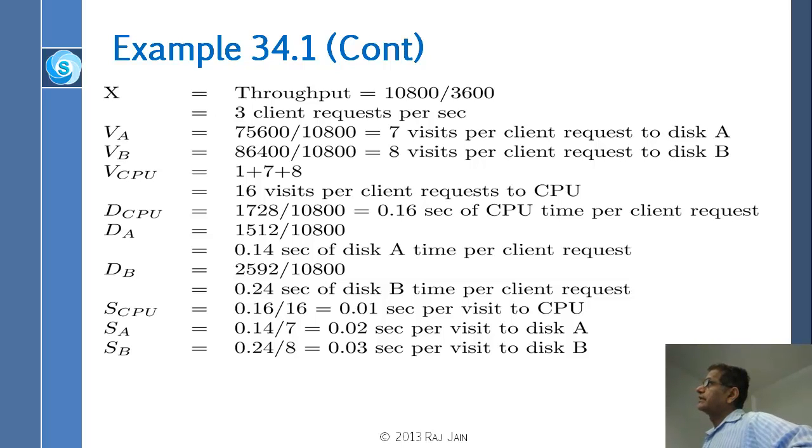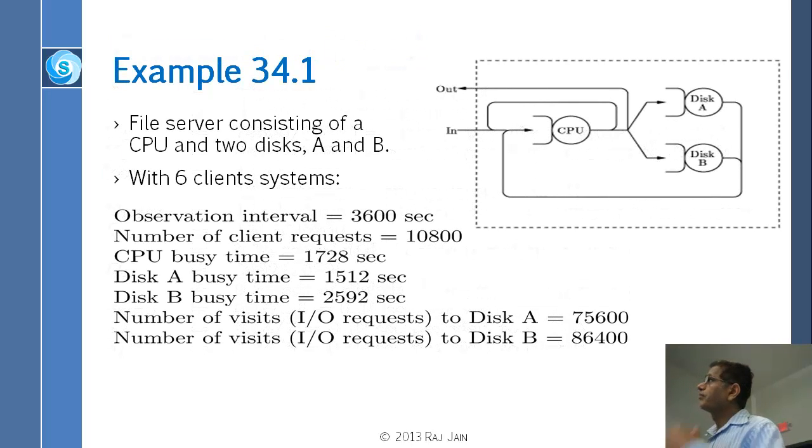Visits to disk A: there were 75,000 visits from 10,000 jobs, and therefore the ratio is 7 visits per job. Visits to disk B is 86,000 divided by 10,000, which is 8 visits per job. Visits to CPU would be 1 plus 7 plus 8, because whenever you go to disk B, you come back. Whenever you go to disk A, you come back.